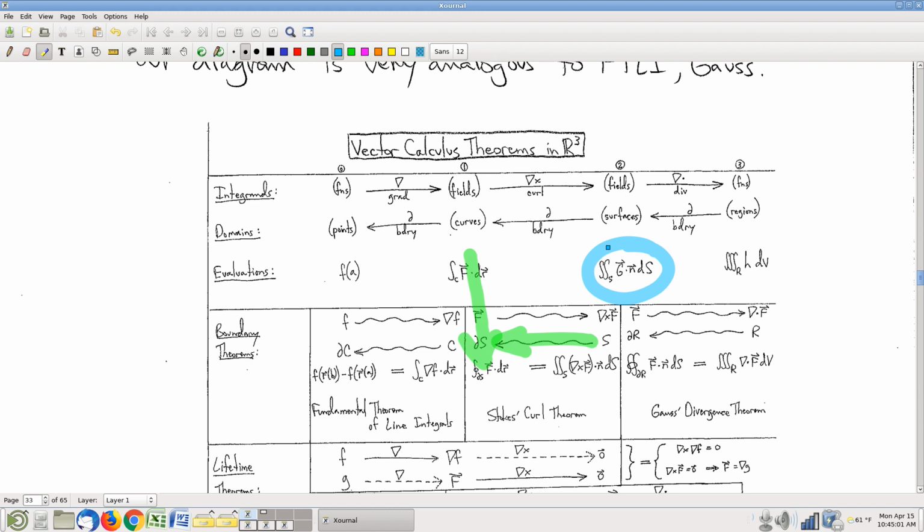Initially it didn't look like a flux, but it ended up being, per above, a flux of this thing called the curl of the circulating vector field. Notice the pattern. It's exactly the same as all of our other theorems that we've seen here.